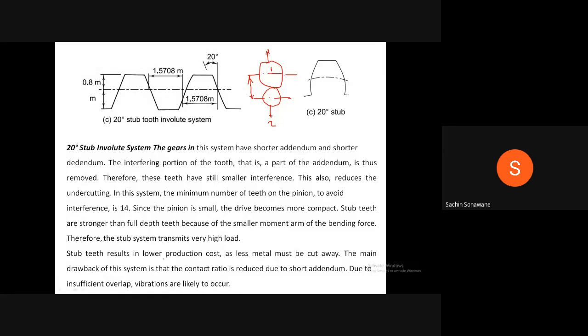The main drawback of this system is that the contact ratio is reduced due to short addendum. Due to insufficient overlap, vibrations are likely to occur. Therefore, these are some advantages and disadvantages of the stub tooth involute system.